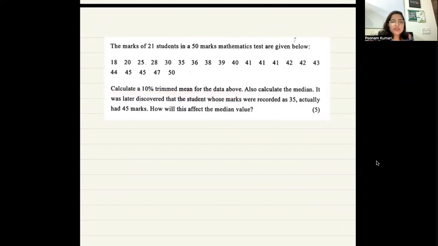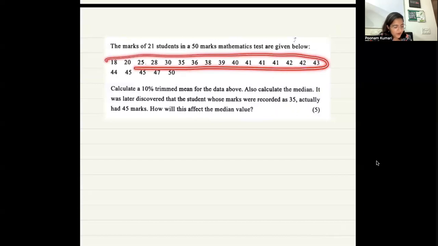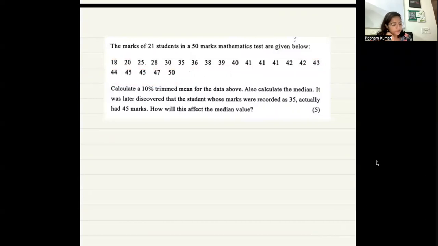For your convenience, all these data points are in ascending order. So you have to find the 10% trimmed mean. First of all, what is your n? 21.